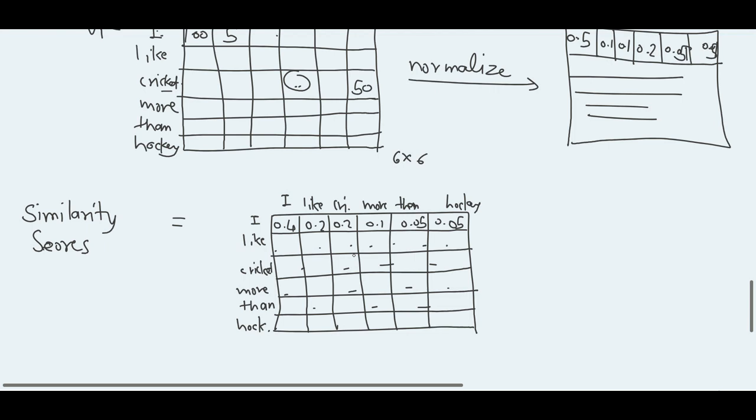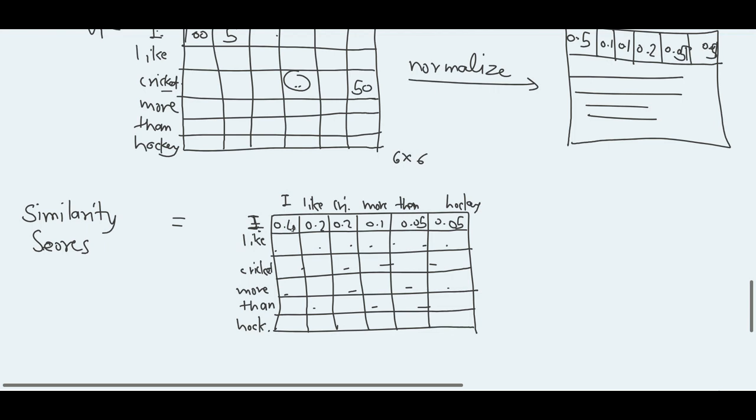So what's next now? These scores can be imagined as the weights given to each other word with respect to another word. What I mean by that is, suppose you have this word I. With respect to this word I, what weights are given to the other words? Obviously I with I will have the highest weight because it is the most similar word.